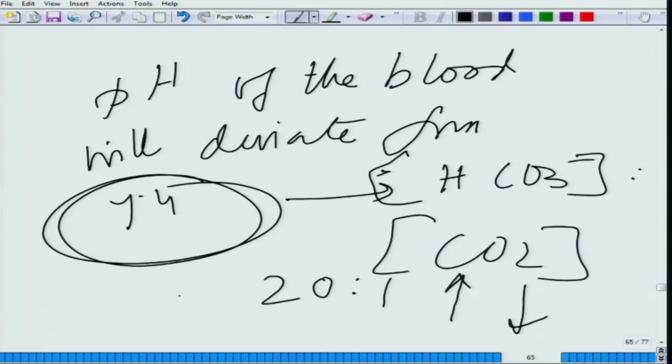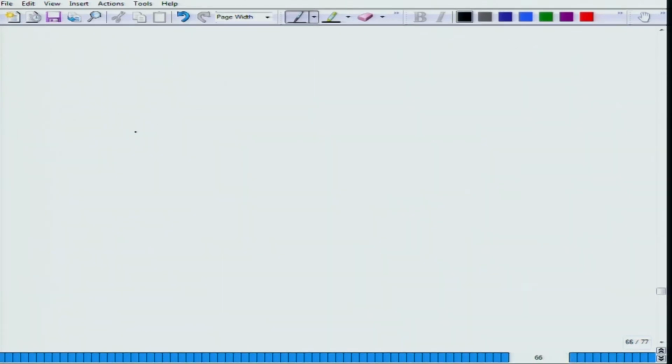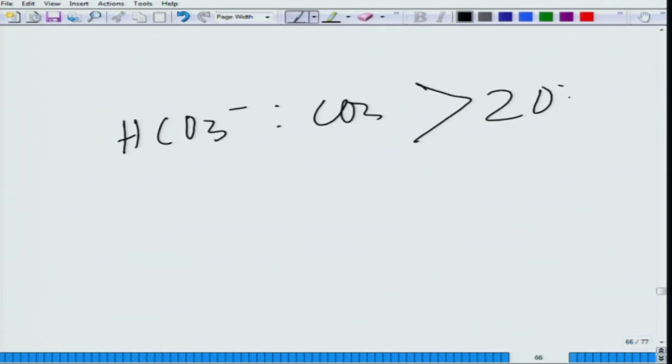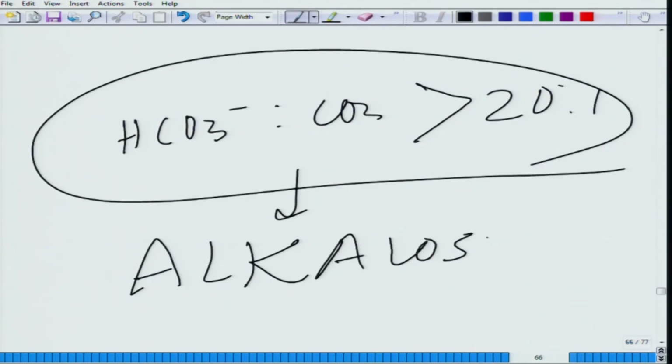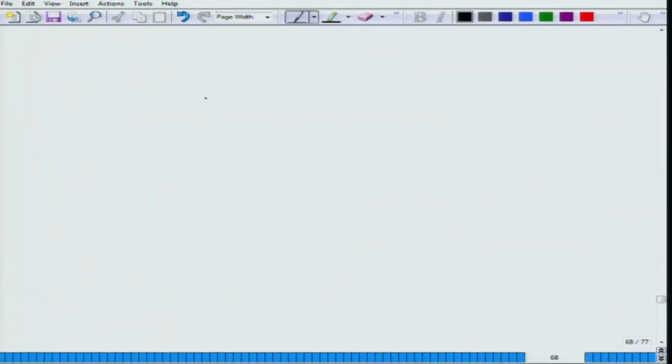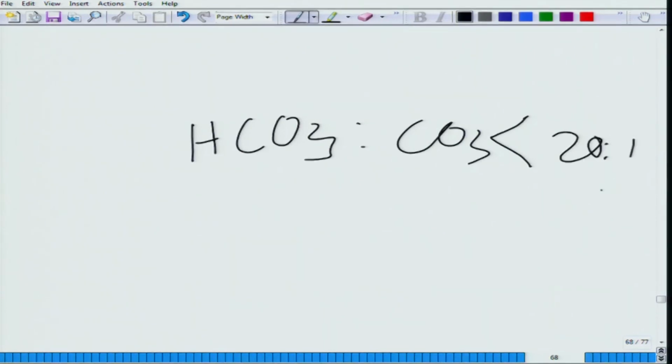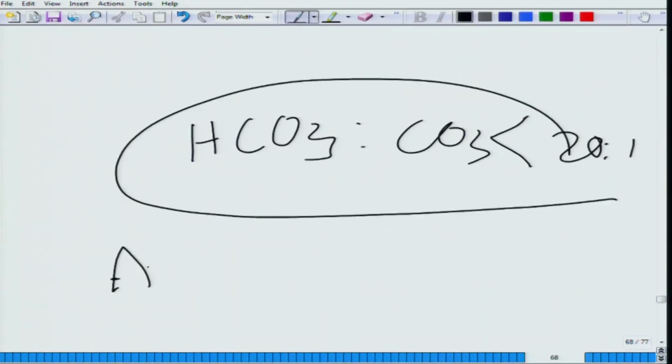If, for example, your HCO3 minus to CO2 ratio is more than 20:1, then we are hitting a situation called alkalosis. It means the body is alkaline. Whereas, if the HCO3 and CO2 ratio is less than 20:1, then we are hitting acidosis.